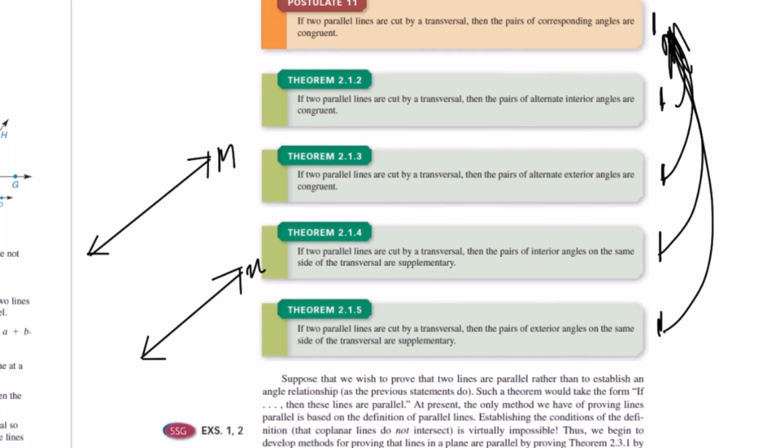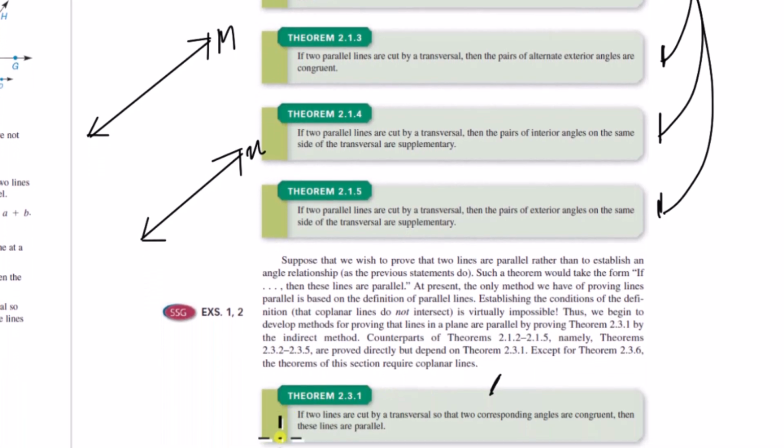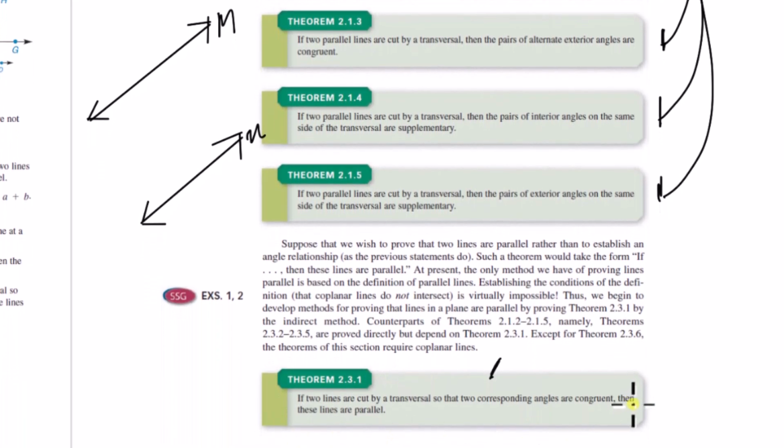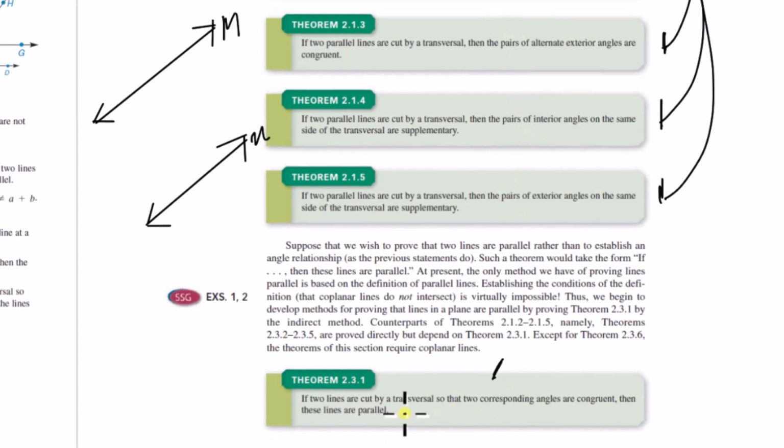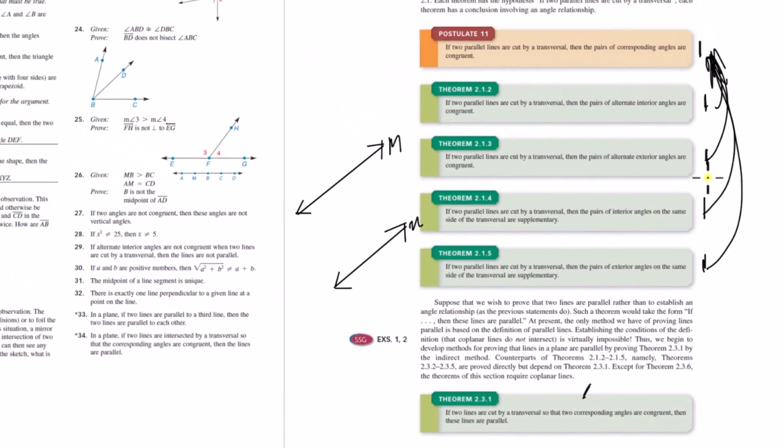So here's the starting point for proving whether or not lines are parallel. We start with this theorem, the corresponding angle congruence proving parallel theorem, and then we're going to build the counterpart theorems to these based on this, using this as the reference.